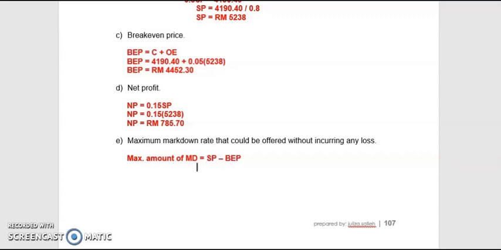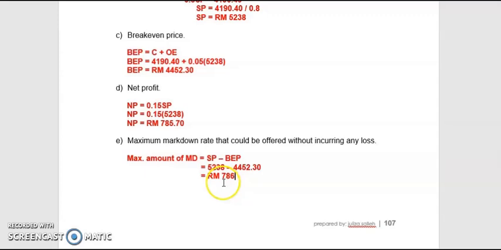So selling price is 5238 minus break-even price 4452.3. So this one equivalent to RM786. Okay, so at most you can give discount or markdown of 786.